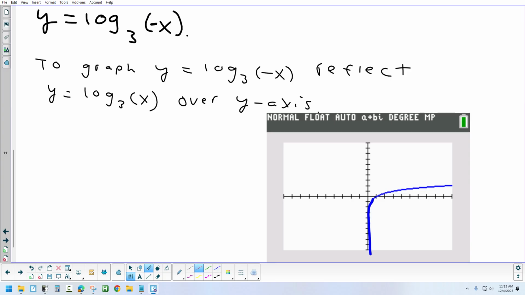If you reflect that over the y-axis, which way is it going to go horizontally now? It's going to go left instead of right. So it's going to look something like this. It's going to come up, curve. Well, it's not perfect, but you get the idea. Something like that. Okay, so that's the reflection.